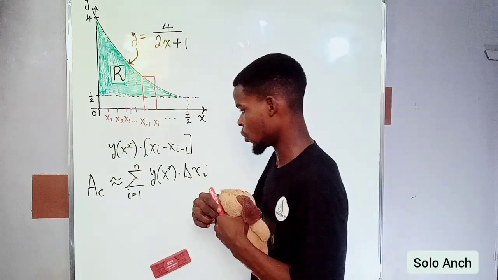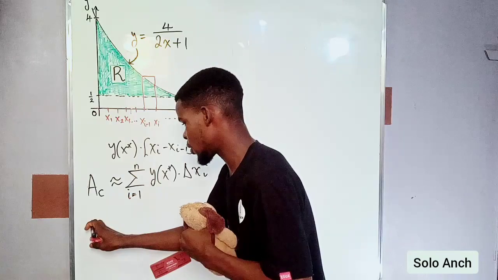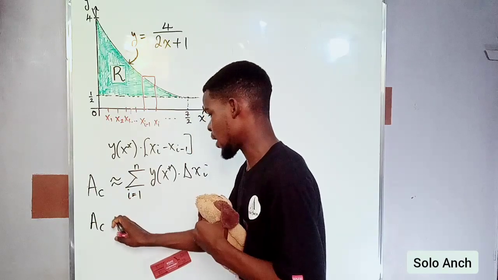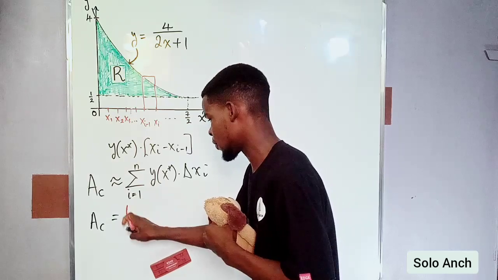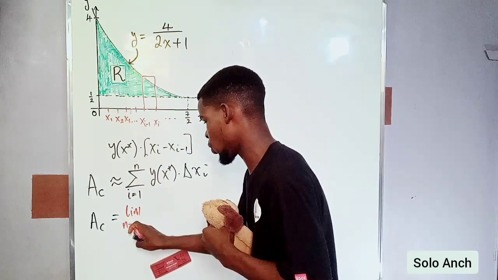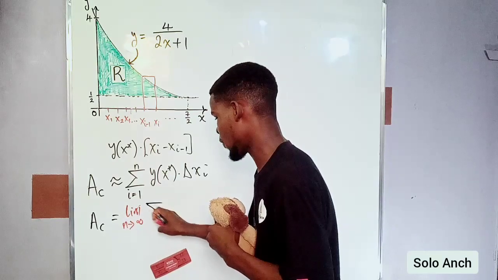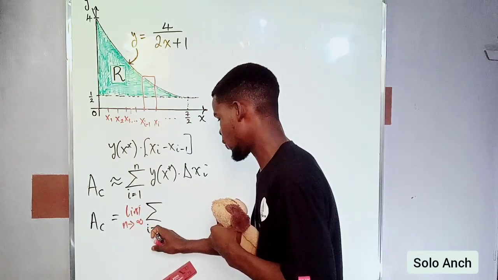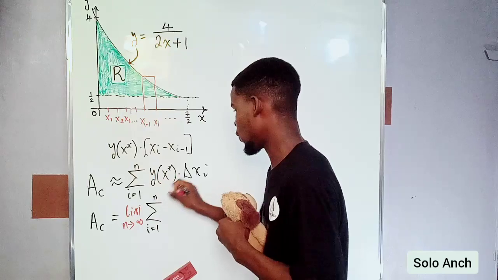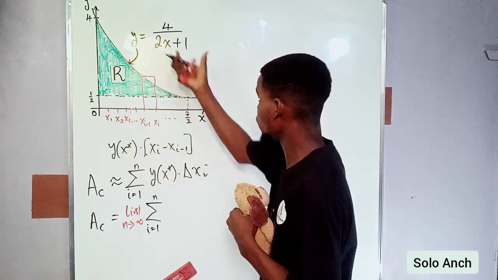So that means that the area under this curve will become the exact thing when we take the limit as the number of partition points, which we call n here, tends to infinity of this sum, which we have already, the sum as i starts from 1 up to n of this same thing we call y, which is given as that.